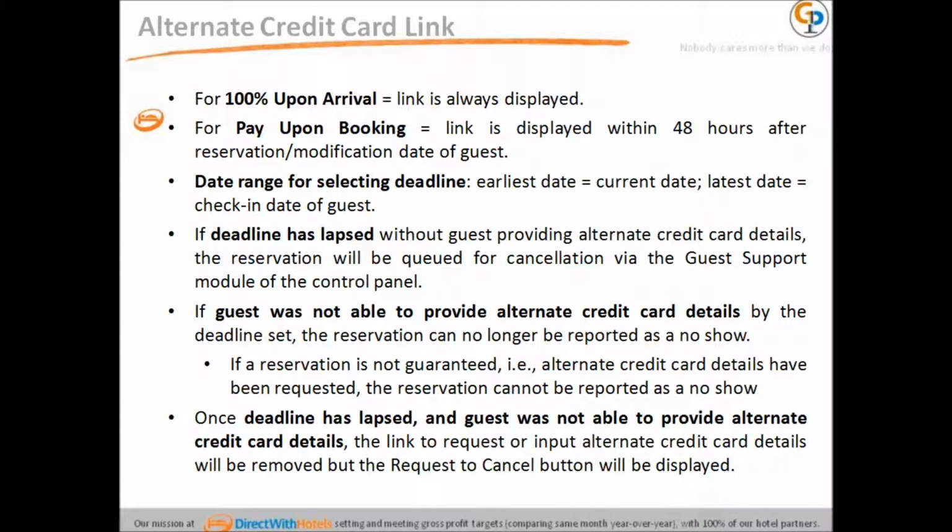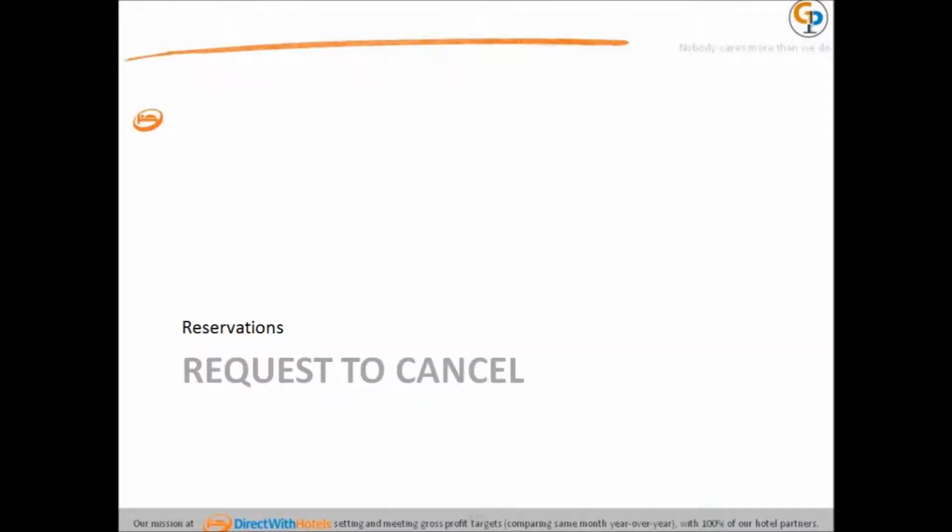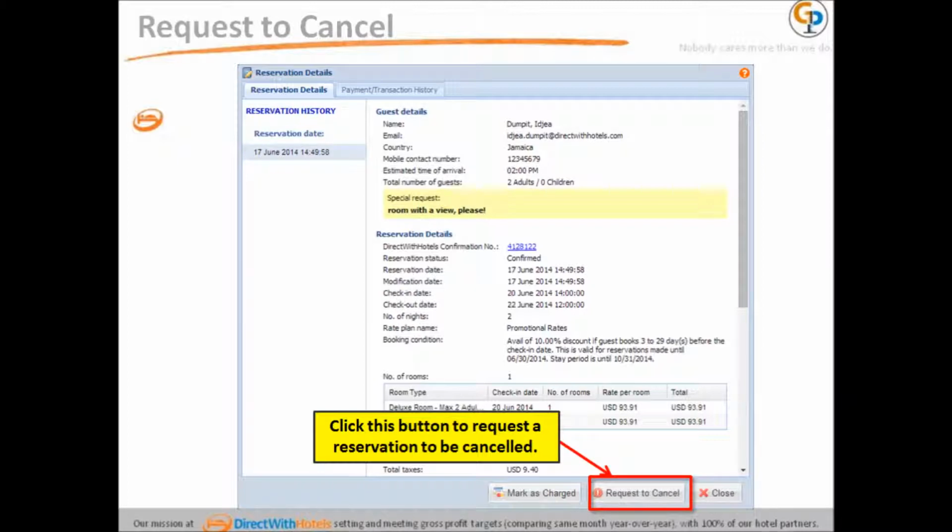Once the deadline has lapsed, the link to request or input alternate credit card details will be removed, but the Request to Cancel button will be displayed. Request to Cancel. Click on the Request to Cancel button to request a reservation to be canceled.